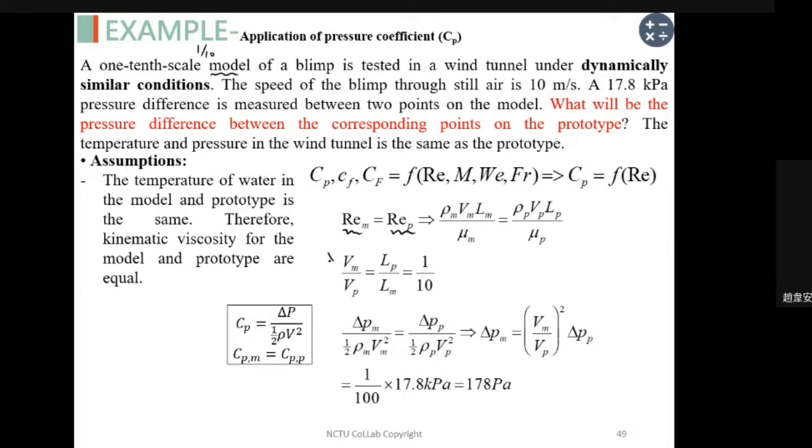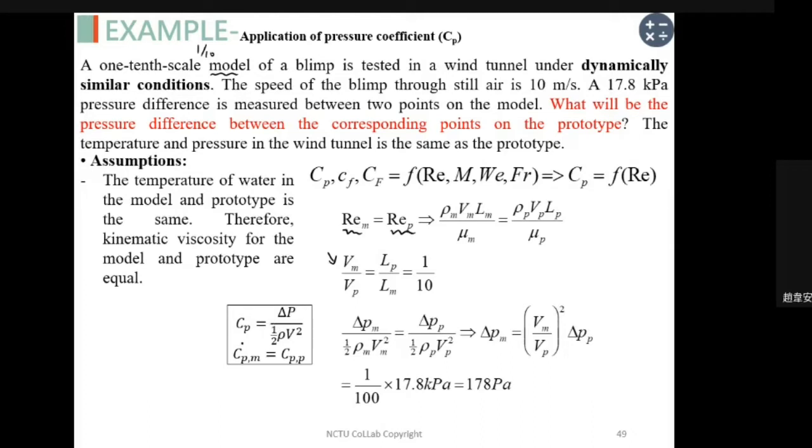So again, we see that the velocity ratio between model and prototype is equal to the diameter ratio Lp divided by Lm, and we know that's actually equal to 10/1. And because the Reynolds numbers, the independent pi groups, are equal, that means the dependent pi groups, such as the pressure coefficients for these systems shown here, should also be equal.